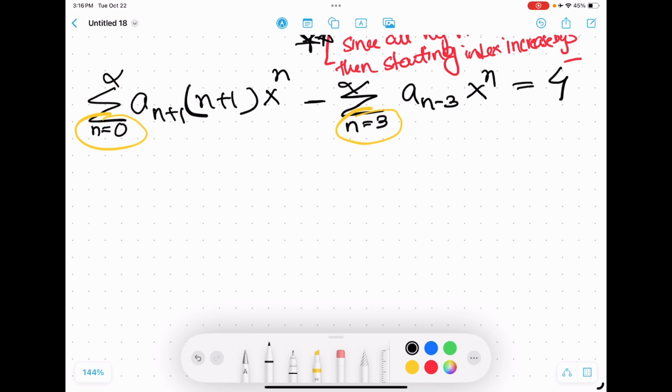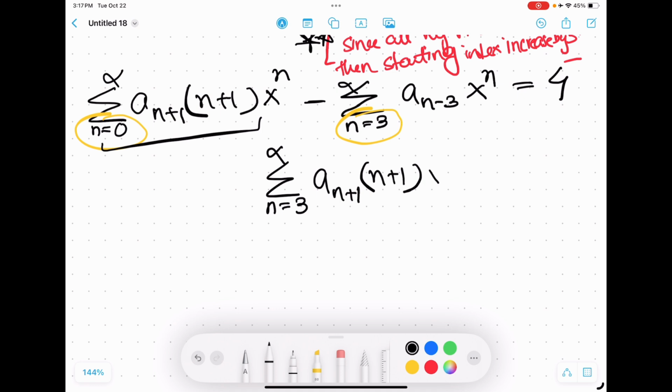That means I will try to level up n equal to 0. So let's do that. I want to start my first power series from n equal to 3 to infinity. Then I have a sub n plus 1 times n plus 1 times x to the power n, minus summation n equal to 3 to infinity, a sub n minus 3 x to the power n equals 4.